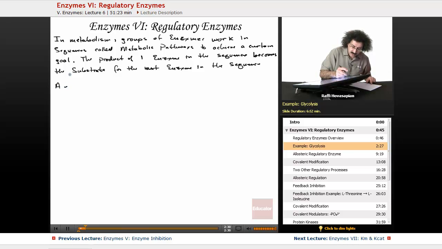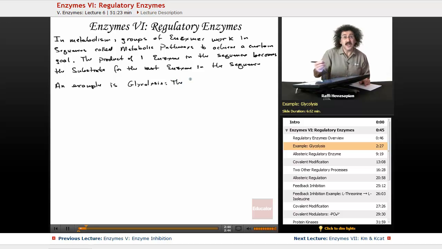An example is glycolysis. And glycolysis is the breakdown, the conversion. I'll go ahead and call it the breakdown because it is a catabolic pathway.